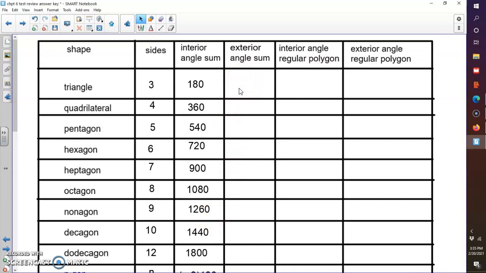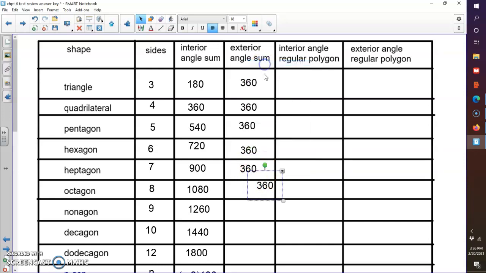Now the exterior angle sum, as we learned earlier, which is a very valuable piece of information, is 360. And it does not matter how many sides your figure has. If you are a polygon, your exterior angles add up to 360 degrees. So we're going to keep doing the 360.